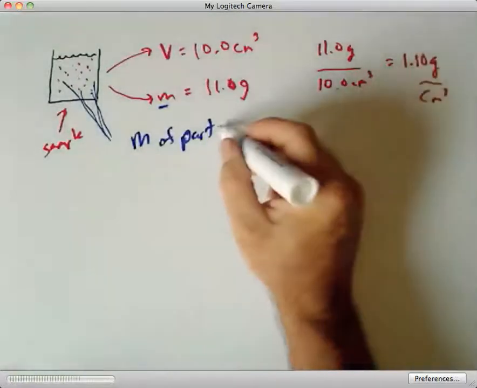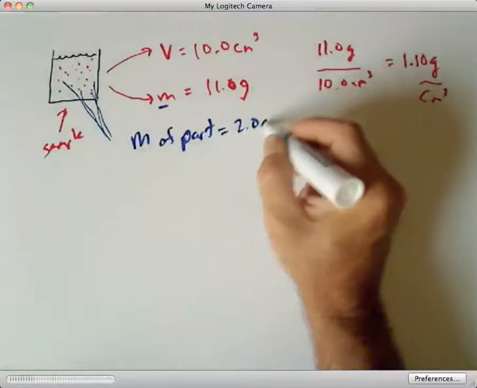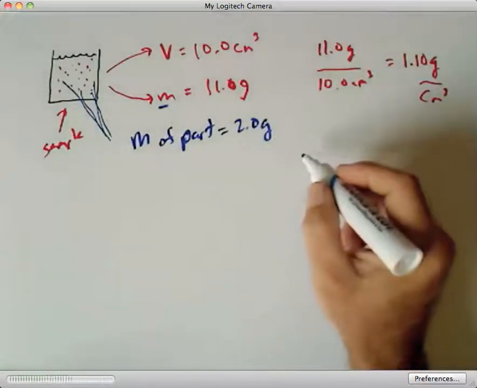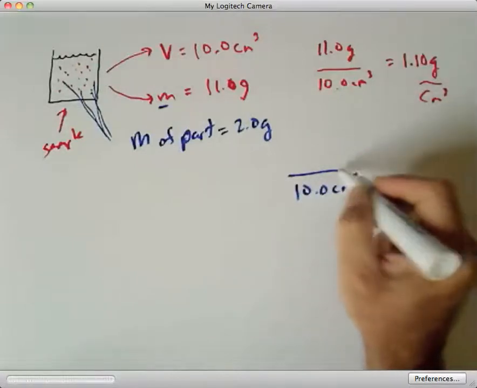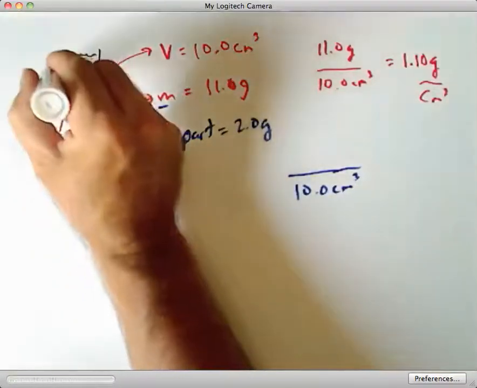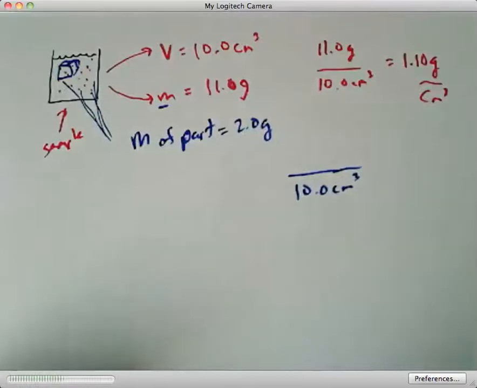If the mass of the part, which in this case was the red dots, was 2.0 grams, I could find a different ratio. I could say, well, if I had 10 cubic centimeters, and I assume that every cubic centimeter is the same, every cubic centimeter would have some number of dots in it. Okay, so there's a cubic centimeter with some number of dots.